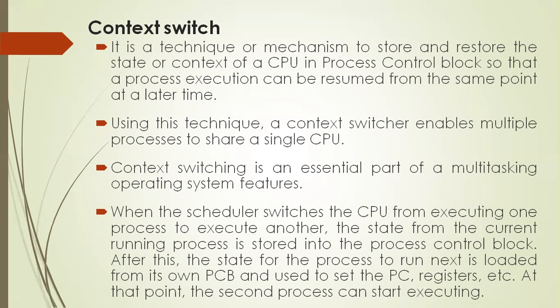Then the CPU starts executing another process. So more than one process will share a single CPU. It is very essential in a multitasking operating system, because Unix is one example of a multitasking operating system which uses this context switch.